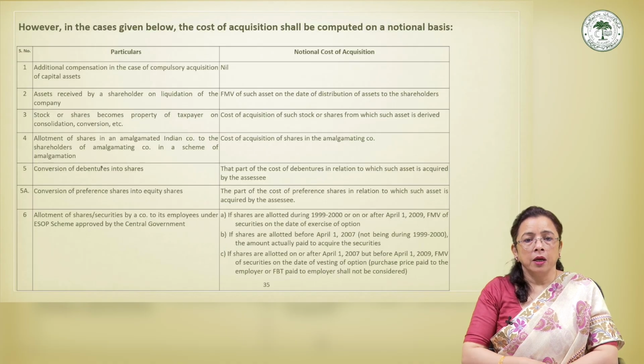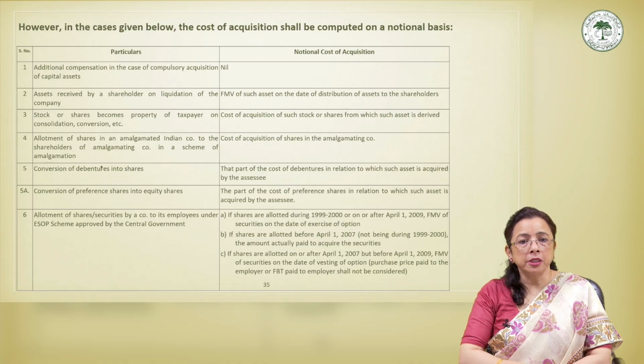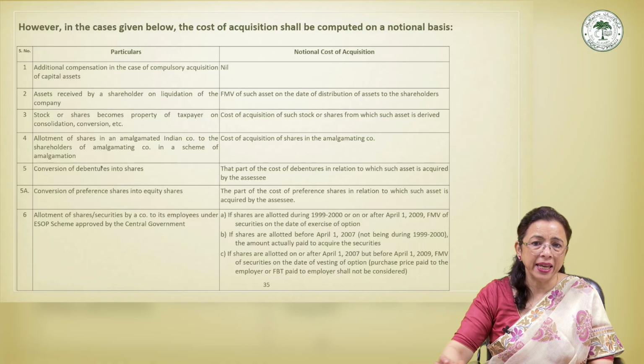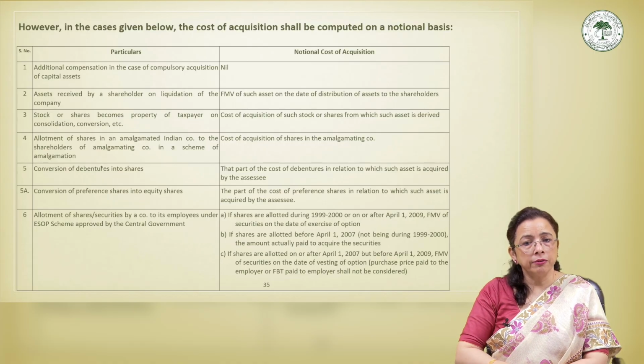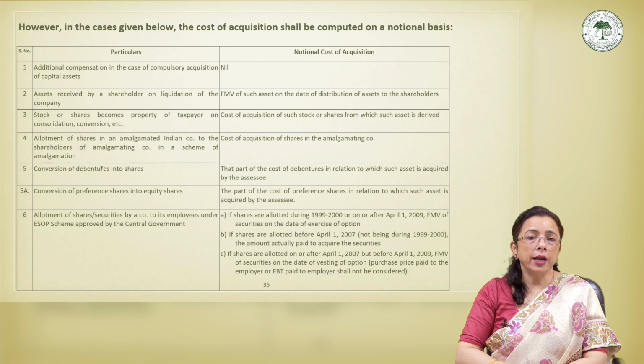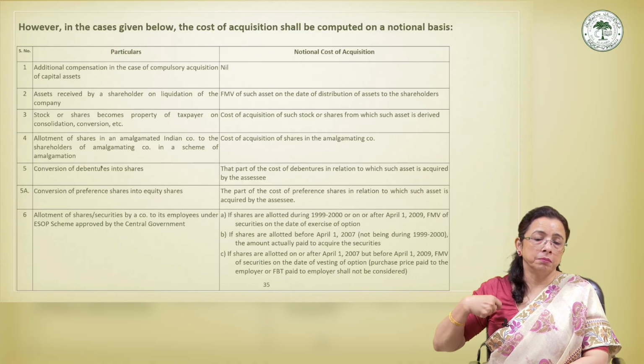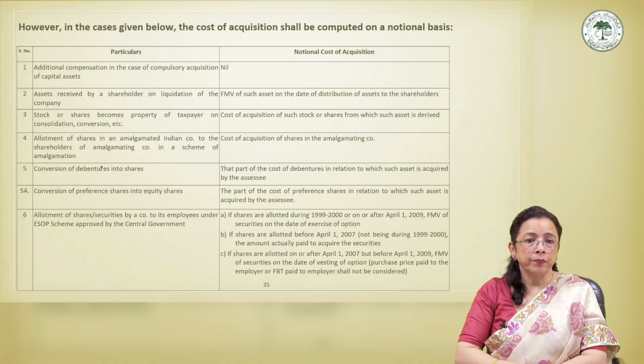Suppose old shares costing rupees 2 lakhs are converted into new shares under the corporate restructuring scheme, then the cost of the new share will also be rupees 2 lakh. So the continuity is maintained and there is no duplication of cost.